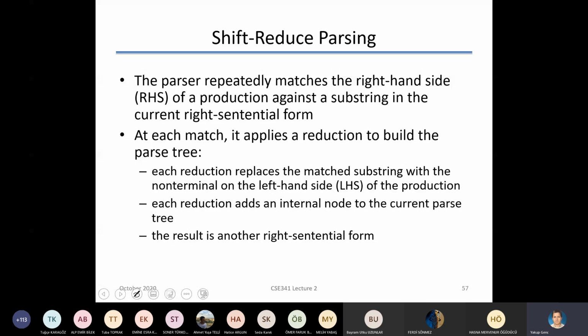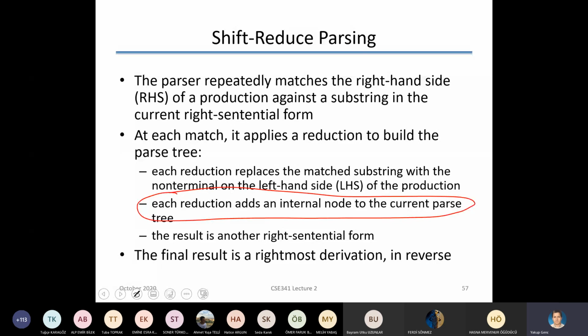Now, this one is important as well. When you do a reduction, you just add a node, so it's easier to build a parse tree, and the tree is built from bottom to up. The final result is going to be a rightmost derivation, and of course, it's going to be in inverse.